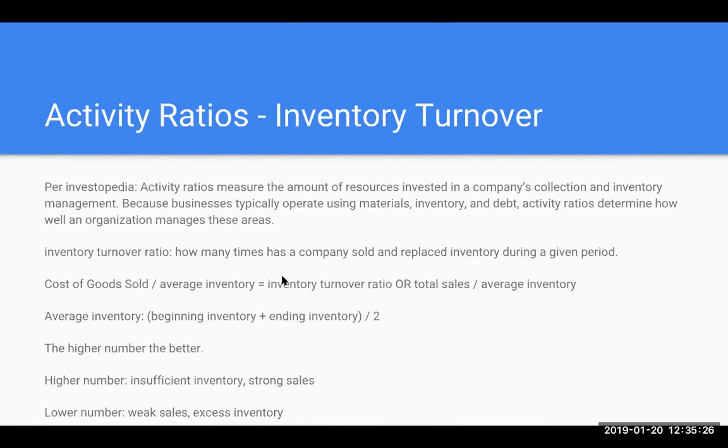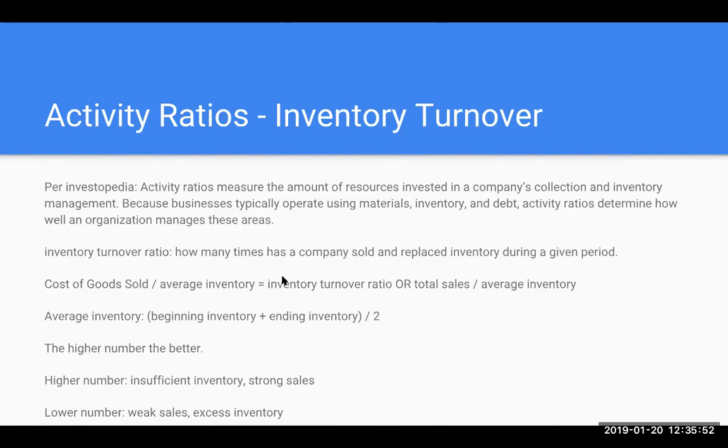So the next set of ratios, the first part of our videos looked at the liquidity ratios, and now we're going to be going through and doing the activity ratios. And the first one we're going to look at here is the inventory turnover ratio. Now remember, before we choose a ratio, we need to make sure that we've done common-sized financial statements.